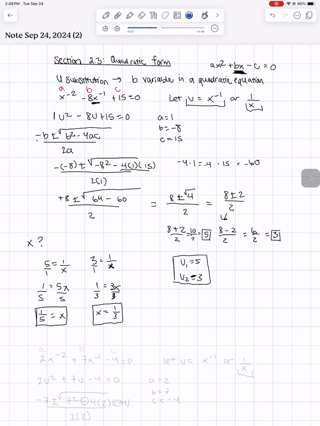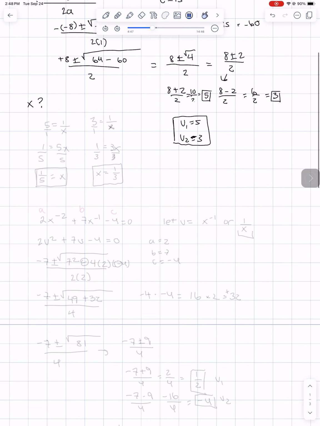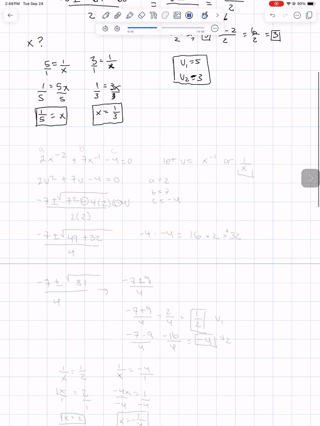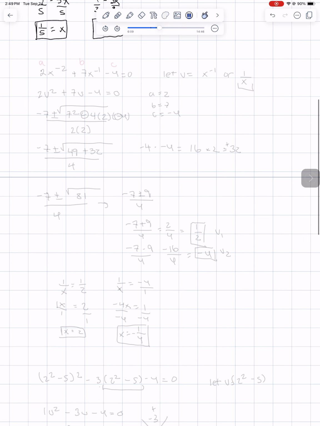Okay, so let's do another problem. Let's do 2x to the negative 2 plus 7x to the minus 1 minus 4 equals 0.